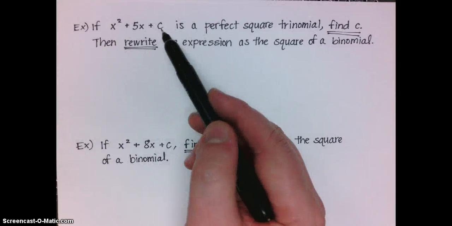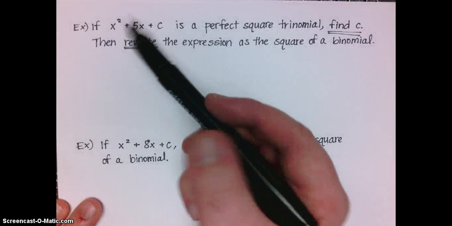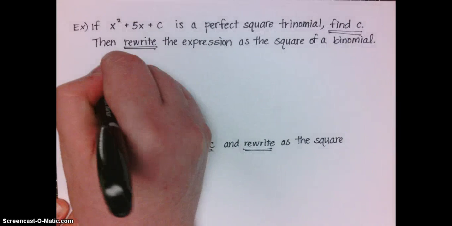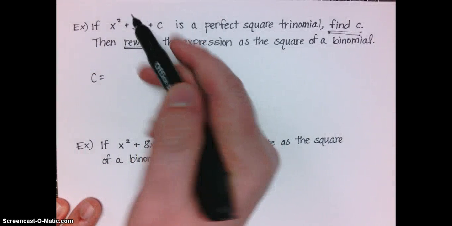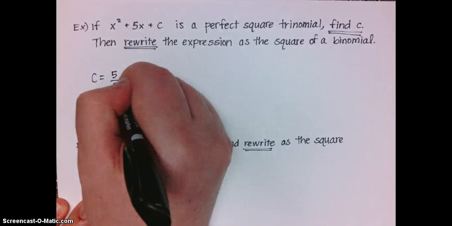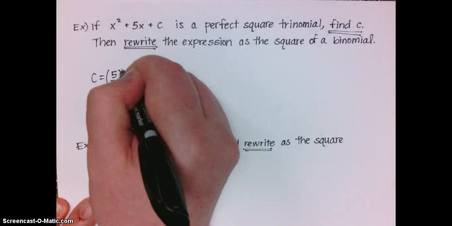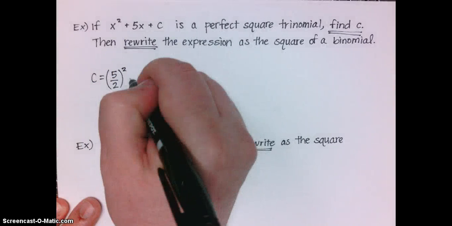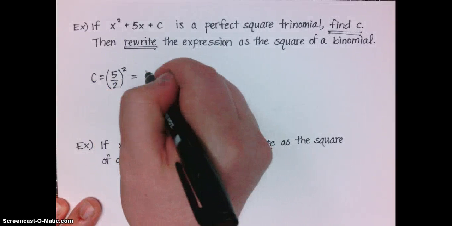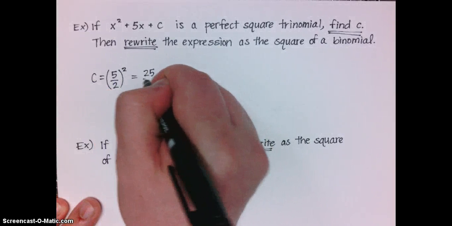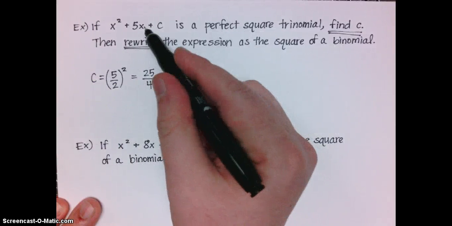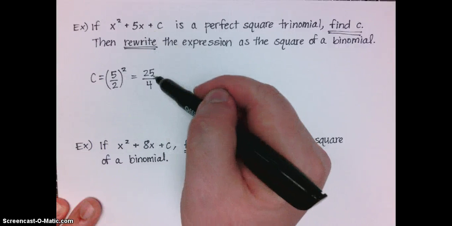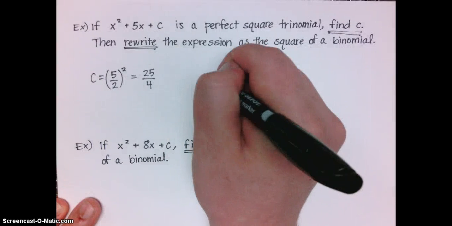So if I want to figure out what this c is, I am going to simply divide the number 5 by 2, and I'm going to square that whole thing. So this is going to be 5 squared is 25. 2 squared is 4. So the constant that I'm going to add to this expression is going to be 25 fourths.